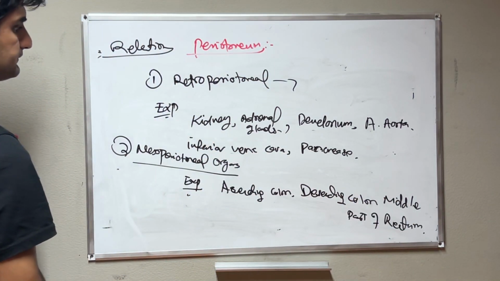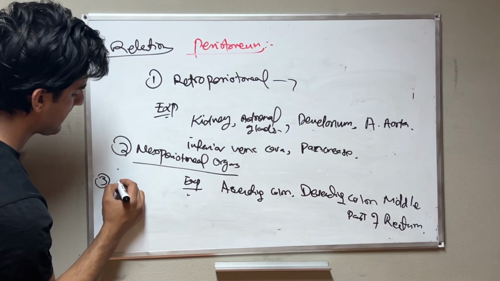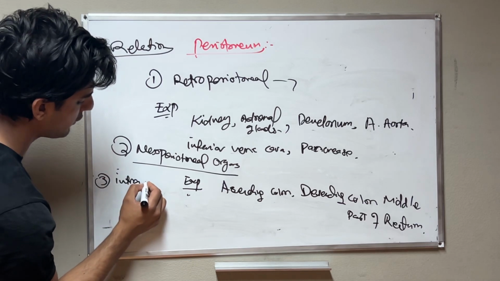Third, we have intraperitoneal organs, which are covered from the whole side.